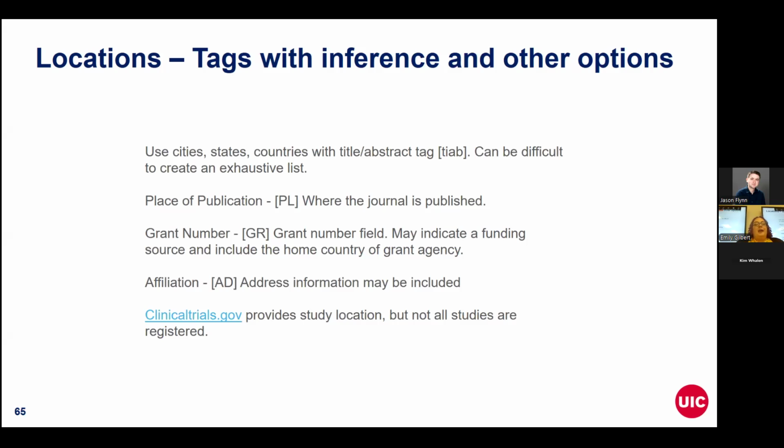So if you use title and abstract, you can do that with cities, states, and countries. It can be difficult to create a list that will find everything. If you were doing USA, for example, how many cities do you put in there? How big does a city have to be to be important enough to go into your keywords?